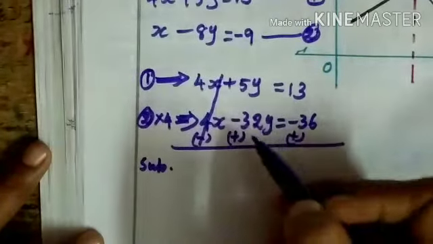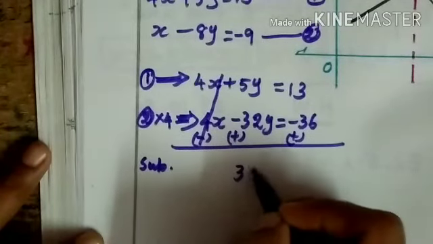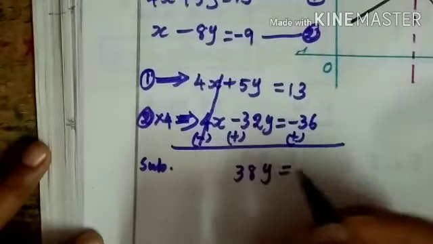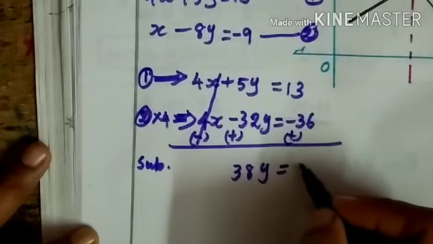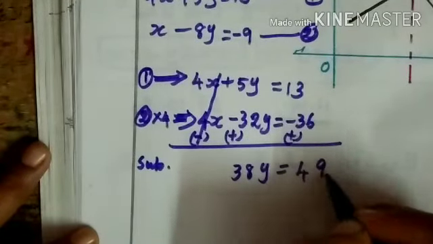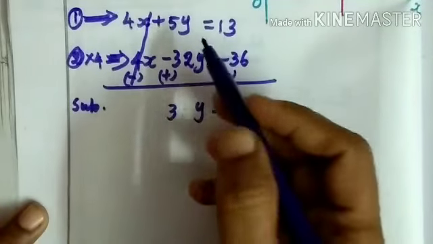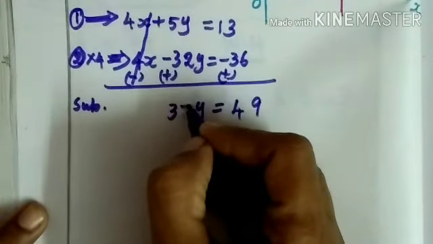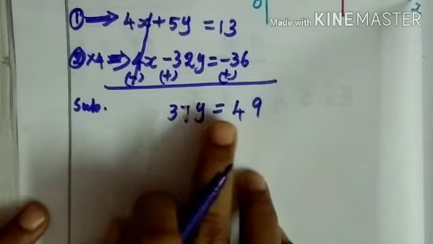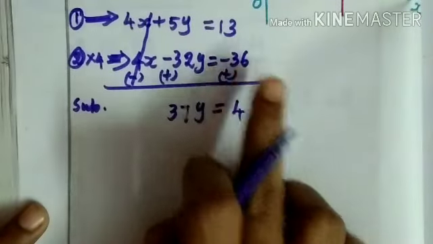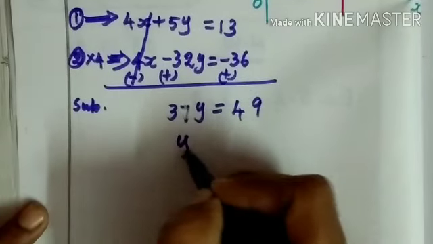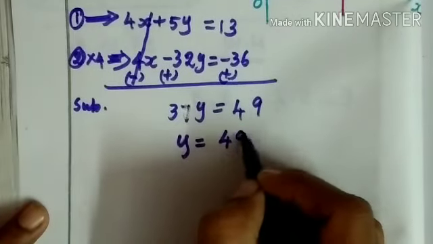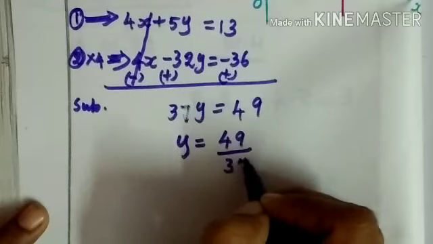Then 5 plus 32, 37y is equal to 13 plus 36, we get 49. Therefore, y is equal to 49 by 37.